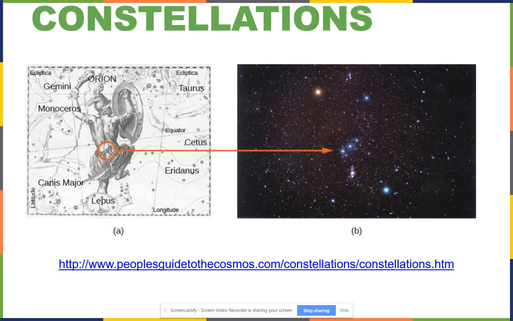Now, this picture shows Orion in the sky with his back to us. Most pictures I've seen have him facing us, standing like this instead of like this. Artist depiction, right?